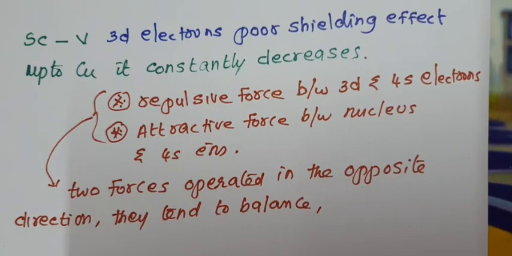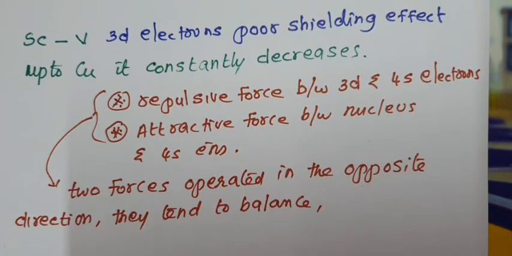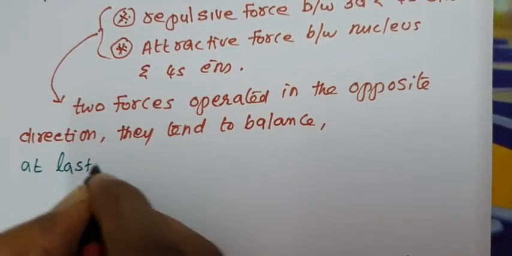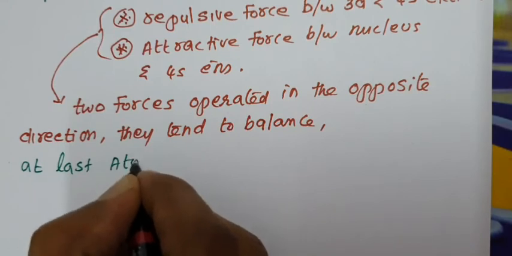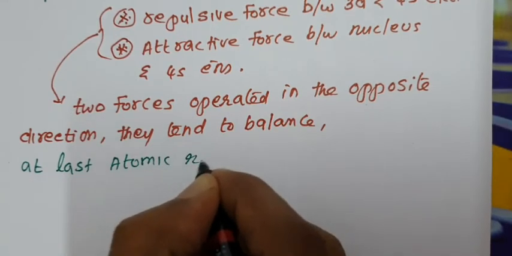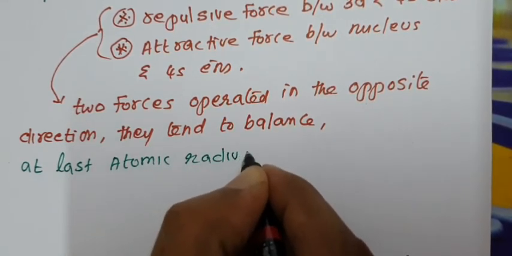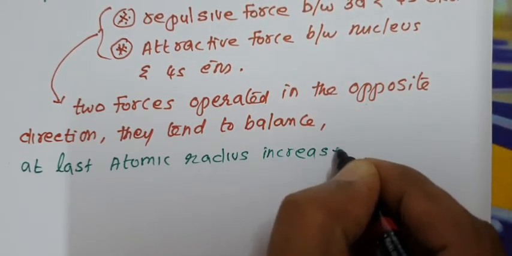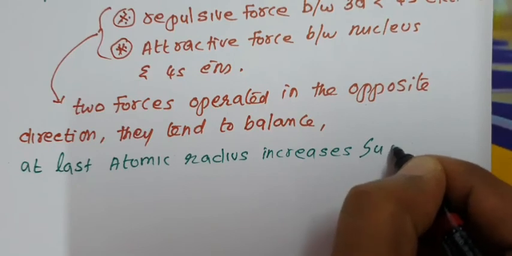What happens at last? At last, the atomic radius increases suddenly.